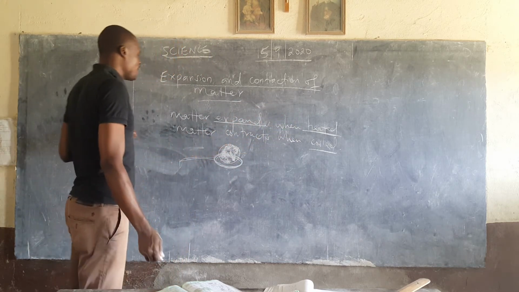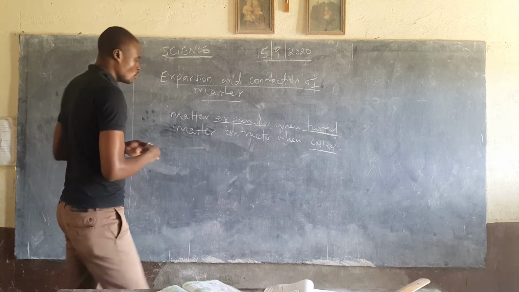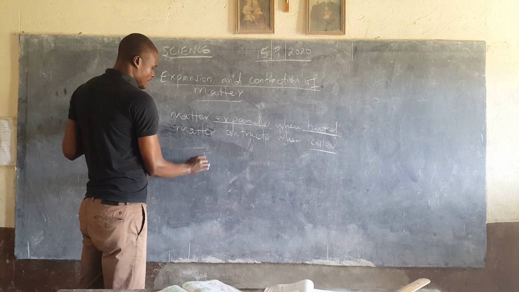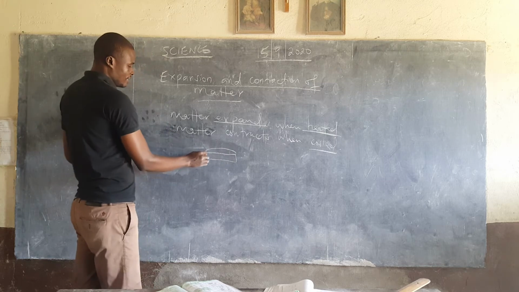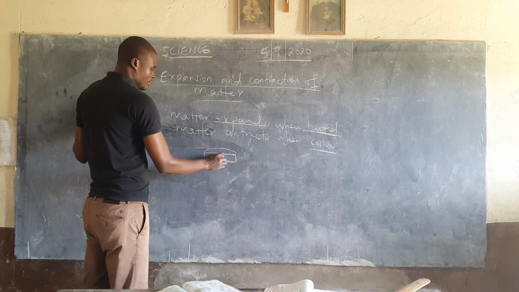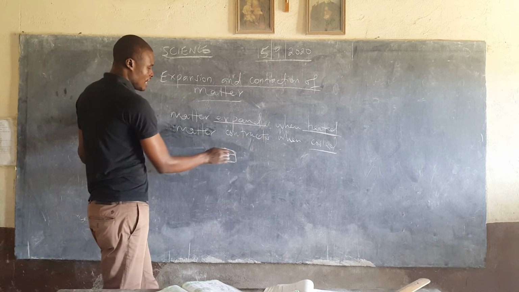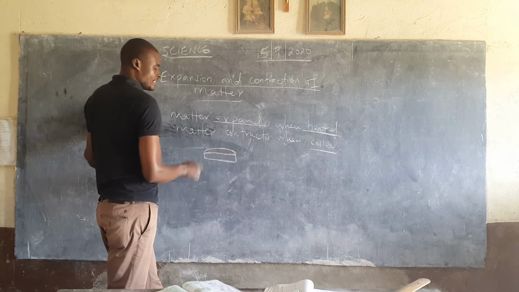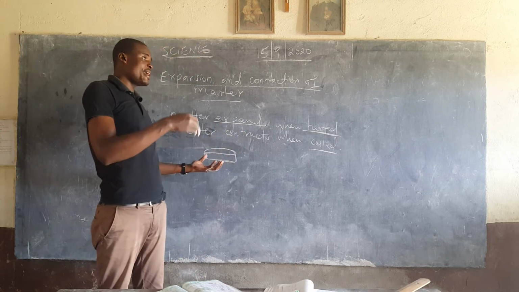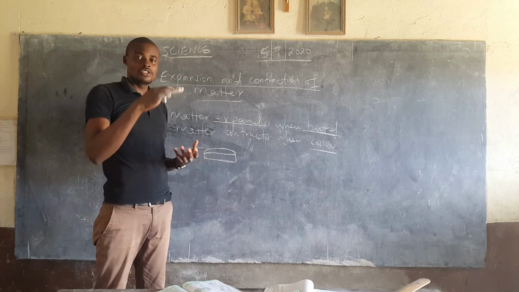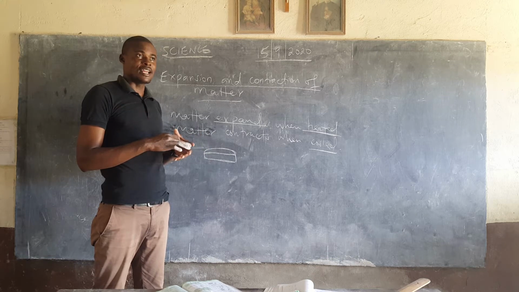Normally you have the Kiwi container, the shoe polish container. Let me draw a simple one. It may look like that. This is the one carrying the shoe polish, and this is the lid. When you remove this lid and then heat it, after heating, if you take it there, it may loosely fit because it shall have increased in size.